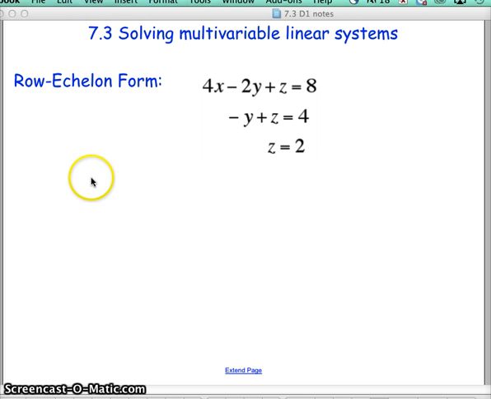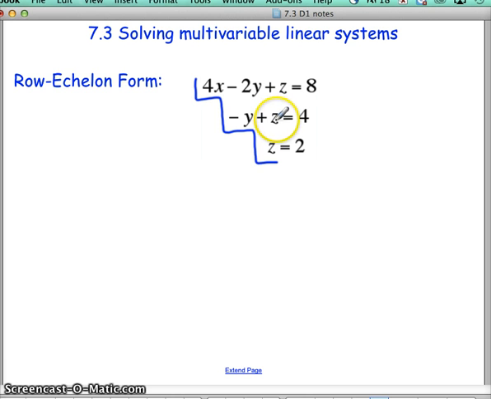The first thing I want to show you is what's called row echelon form. It has this kind of staircase look to it. That's a defining feature where one equation has three variables, the next equation only has two, and the third equation only has one variable.